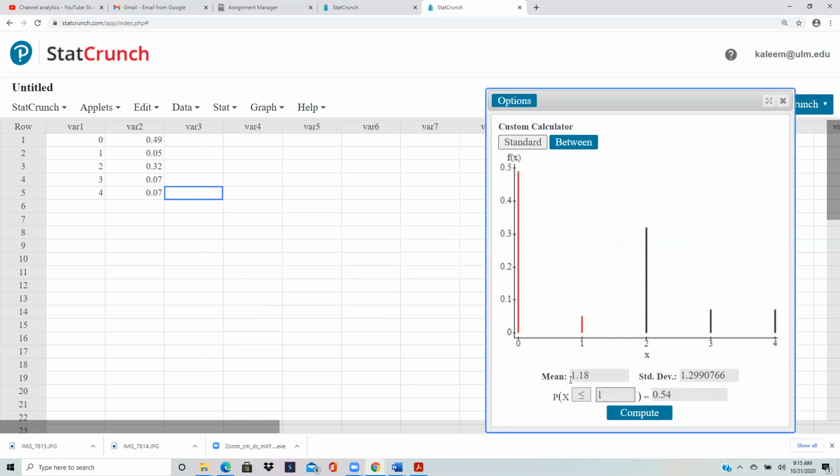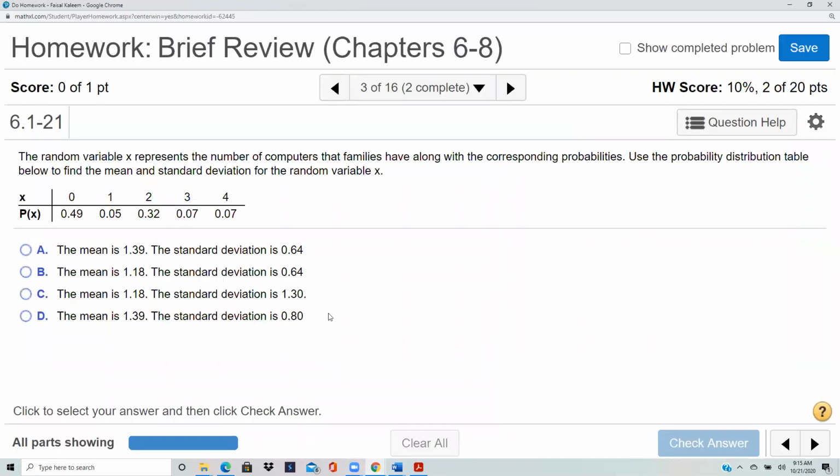So if I was asking you the expected value, what would be the answer? Wouldn't it be the same as the mean? The expected value is the mean. So 1.18.